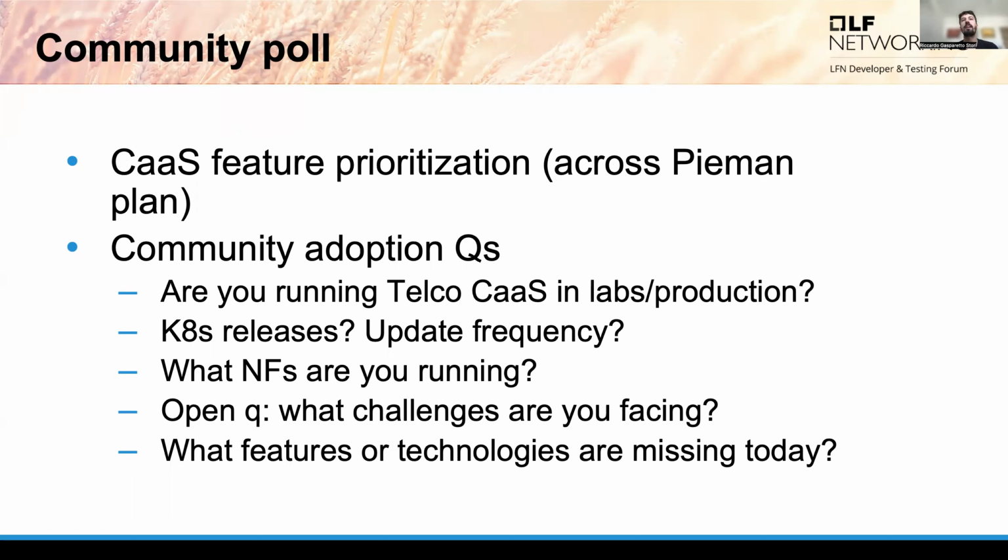Vodafone is not very far ahead in terms of Kubernetes releases, and I think the latest release we're running today is 1.24 in most cases, maybe something more recent in labs, but not much else. Upgrade frequency in Vodafone is also limited to once every 2 or 3 Kubernetes releases, so once every 8 to 12 months.